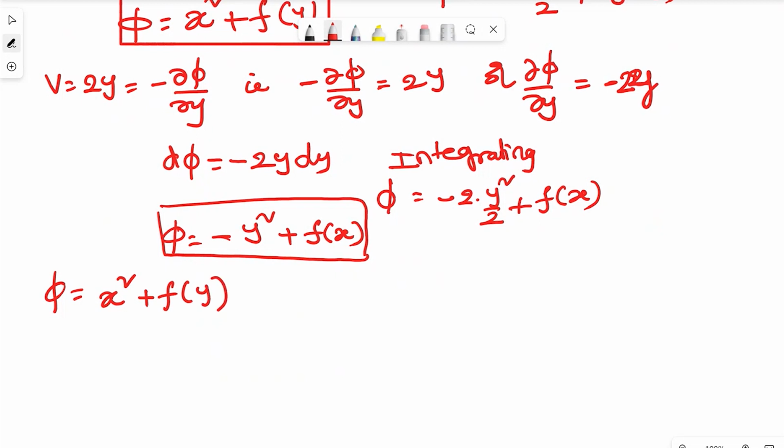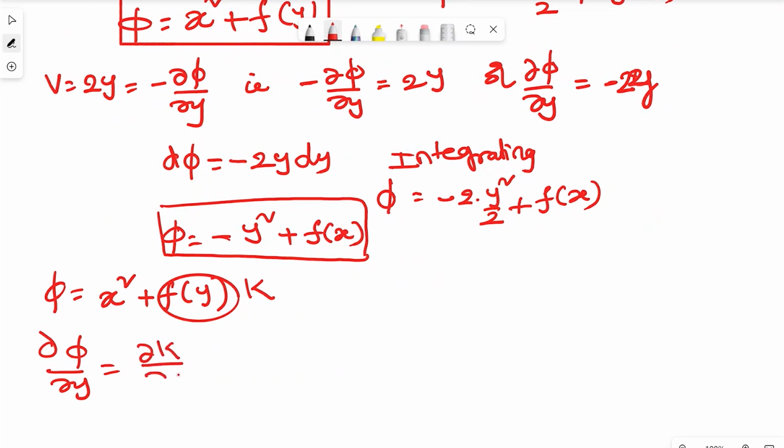For simplicity, I call this function of y some k. Now I take the derivative, dou phi by dou y, because it is a function of y, and the x term is 0. So it will be dou k by dou y.